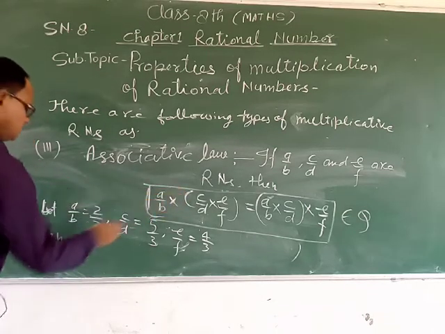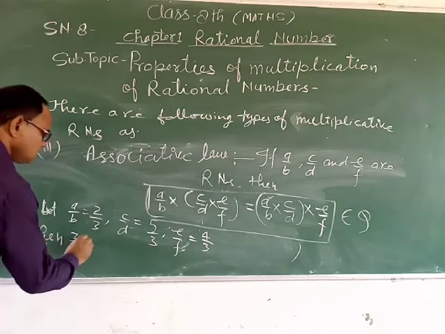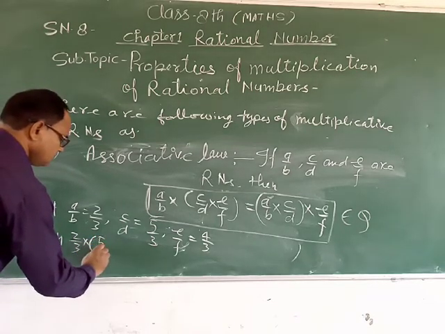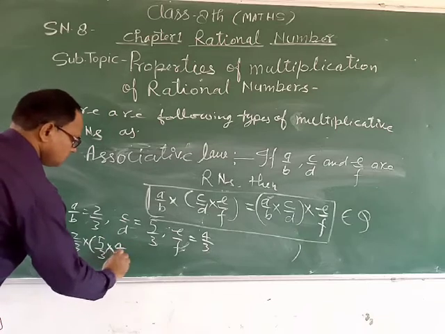Then according to this rule, 2 by 3 into 5 by 3 into 4 by 3.